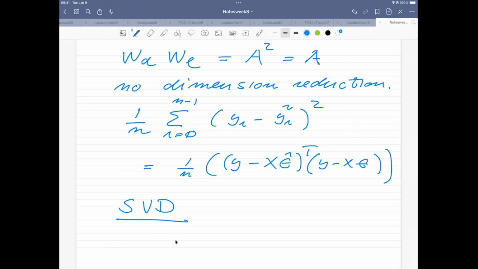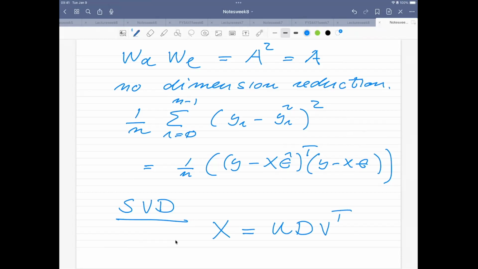You have something called the LU decomposition, which requires that the matrix is invertible, for instance. But the singular value decomposition theorem means that you can decompose any matrix, even if it's singular, as follows. If I take this matrix X, I can decompose it in terms of a matrix U, a matrix D, and a matrix V transposed.